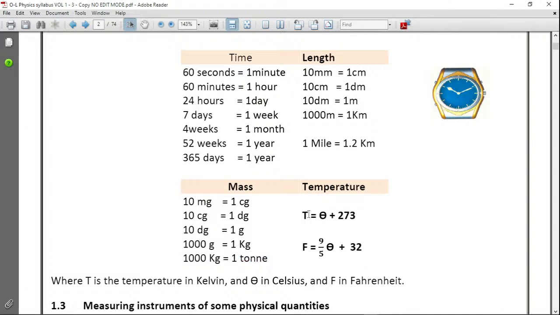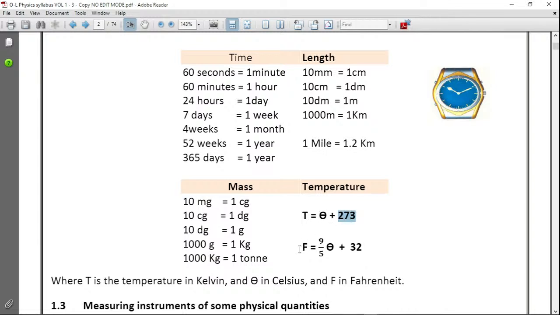Then to convert temperature from degrees Celsius to Kelvin, we use the formula: temperature in Kelvin, T, is equal to temperature in degrees Celsius, theta, plus 273. We can transpose this formula to get the temperature in degrees Celsius, which is equal to temperature in Kelvin minus 273.